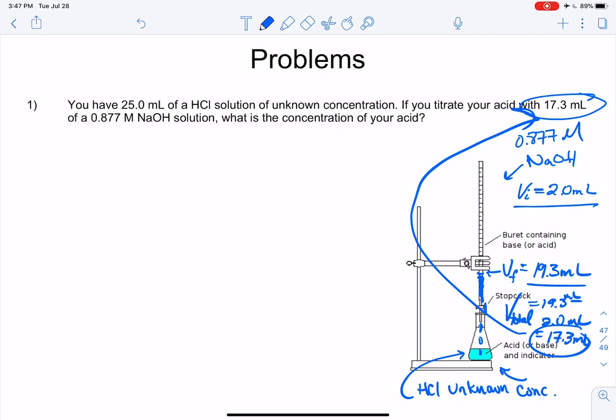Now, how do we do the calculation on this now that we know where everything is in the picture in the titration apparatus? Well, there's certain steps that you have to take, and they usually go in order. And the first one that you're going to want to do is write out the balanced equation. So what we have is hydrochloric acid, and we're reacting it with sodium hydroxide. So we'll go ahead and write hydrochloric acid and sodium hydroxide.